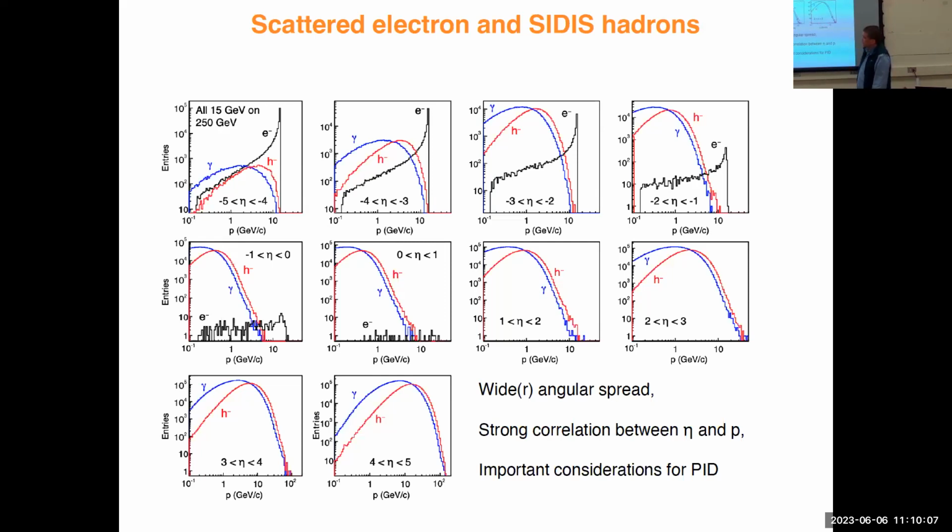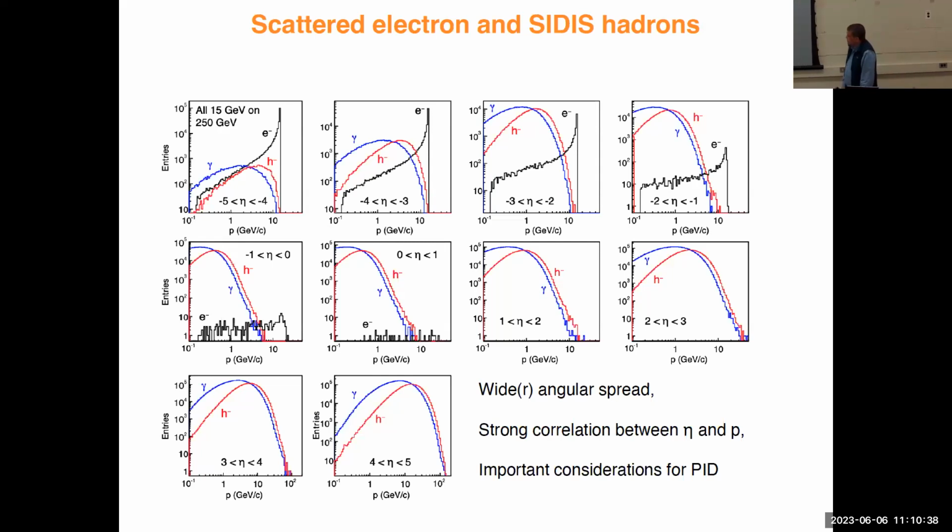So you have regions of the phase space where you just have to accept that, take something here, your hadron background, if you're interested in electrons, can be orders of magnitude larger than your electron signal. So in other words, you better think about your particle identification subsystems. Okay, it's probably multiple in that case.